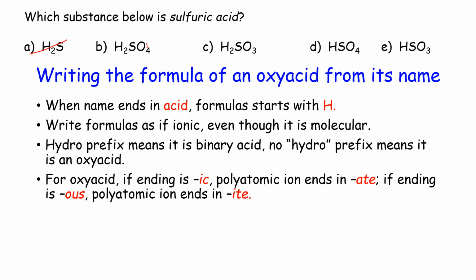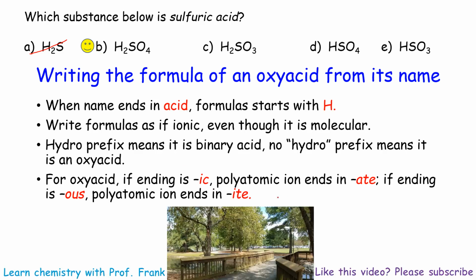This one, of course, is sulfate, and this one is sulfide, ITE, ATE. The 4th bullet here says if you see IC in the name, then it has to be ATE. In this case, B has to be the correct answer based on those analyses. So B is the correct answer.